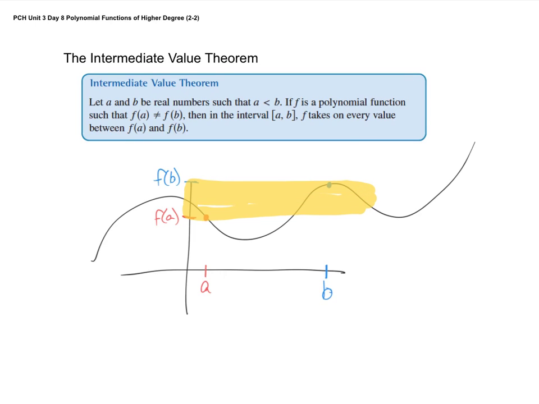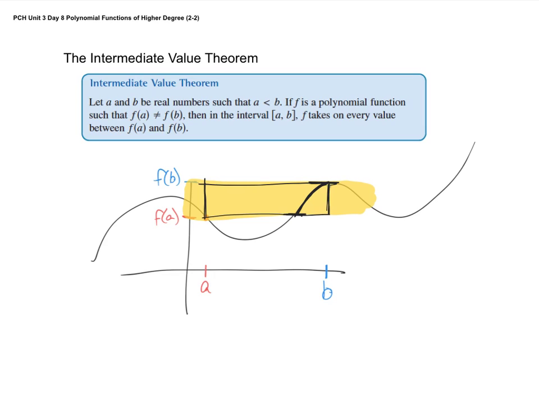So, in the interval that I'm dealing with, it's from here to here, from A to B. You'll notice if I kind of box this in, on my graph, every value of the function between f of a and f of b is accounted for.